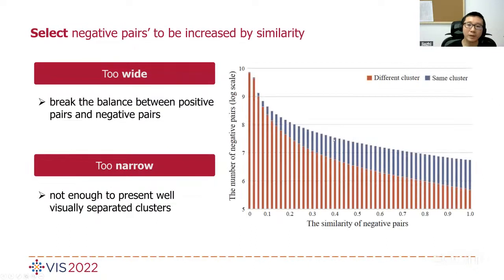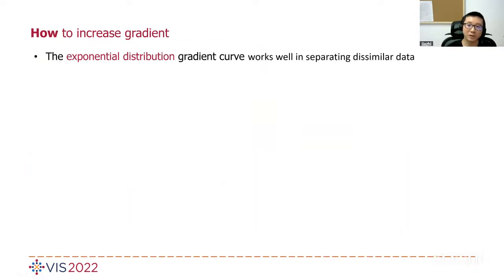We can select negative pairs by similarity, but the range of similarity should be well considered. After a statistical analysis, we choose the ones with similarity less than 0.1. The next question is how to increase the gradient.